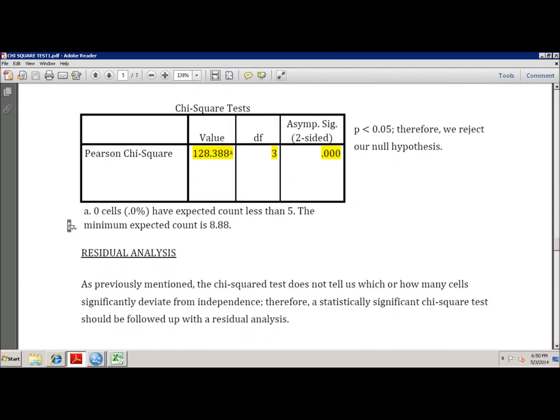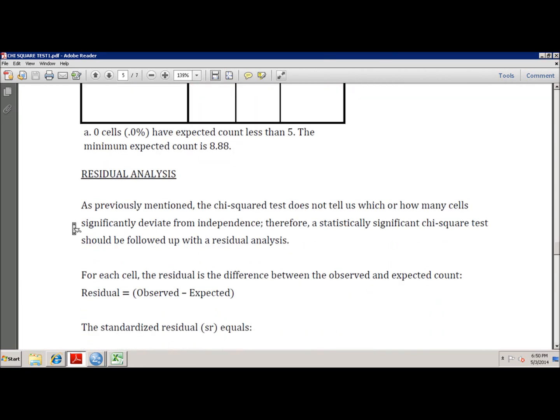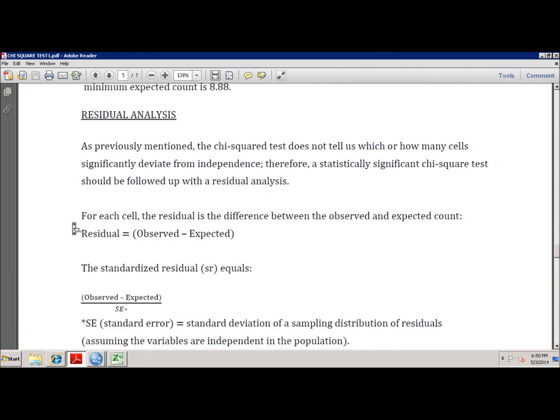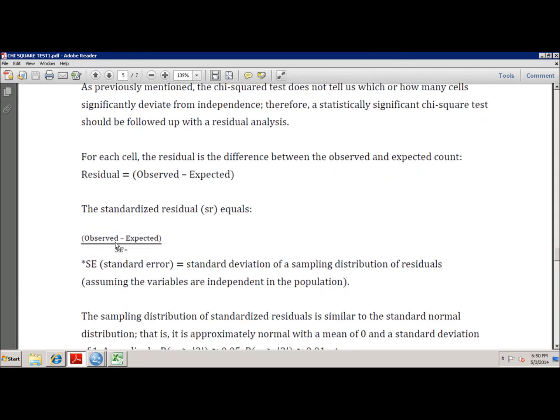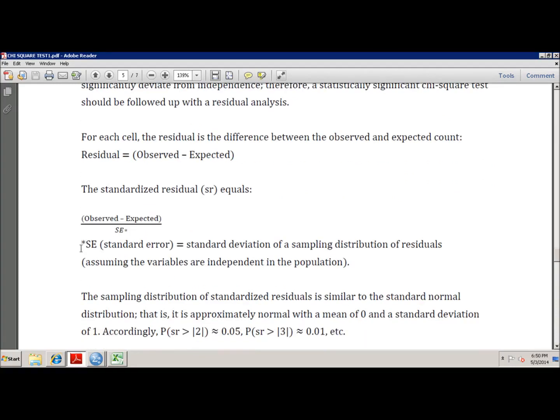What we can look at in SPSS are what are called standardized residuals. There's some reading you can do on your own for more information about standardized residuals. Also, a PDF of a chapter with more information was sent out via email, so you could look at that on your own.